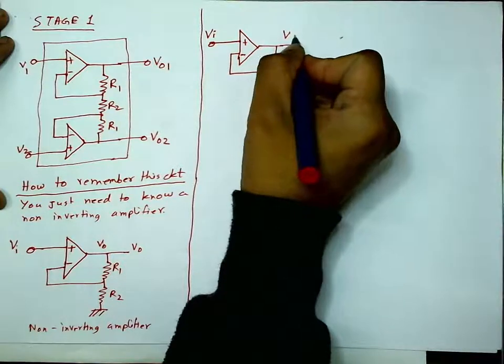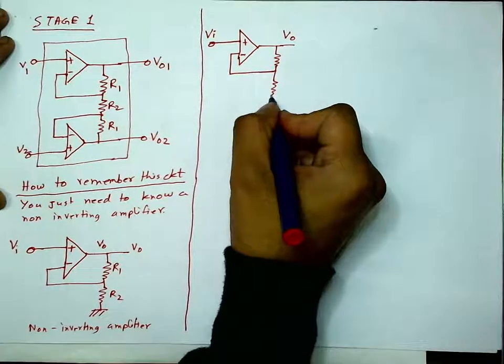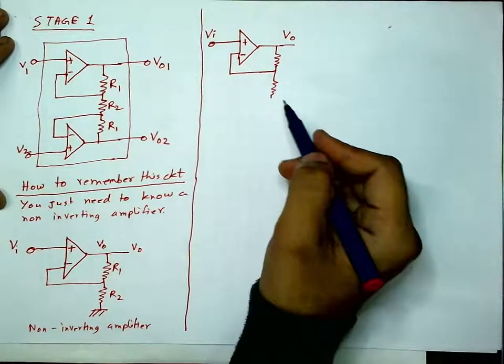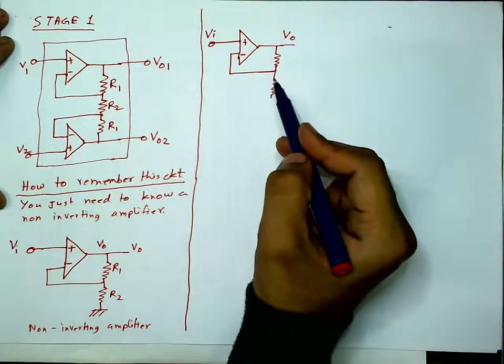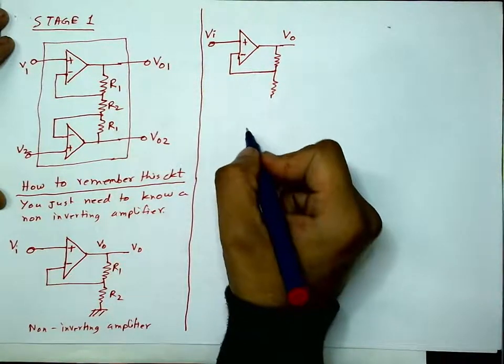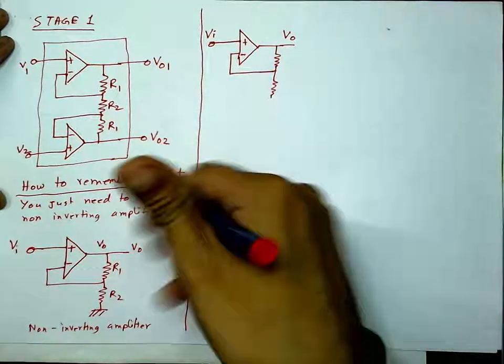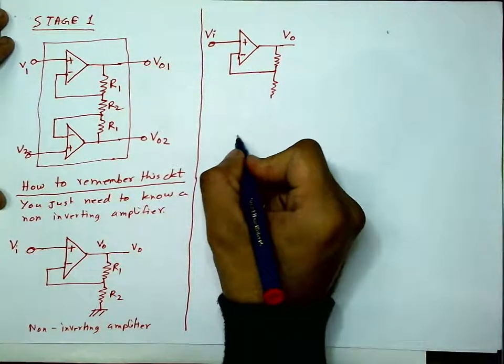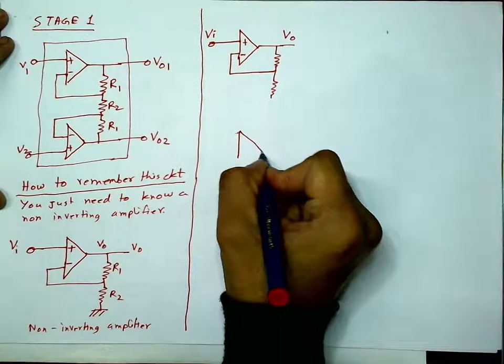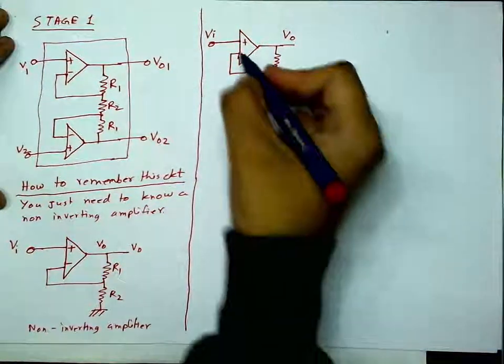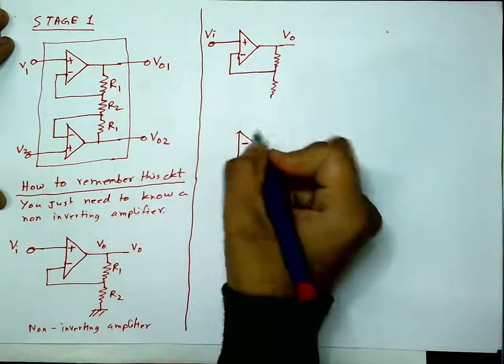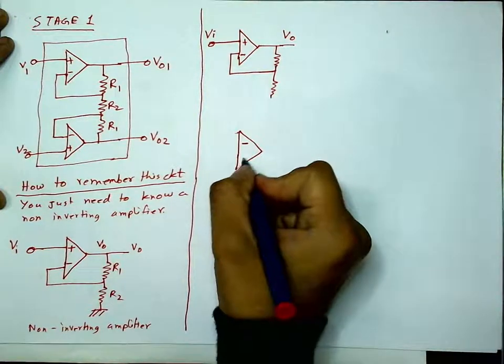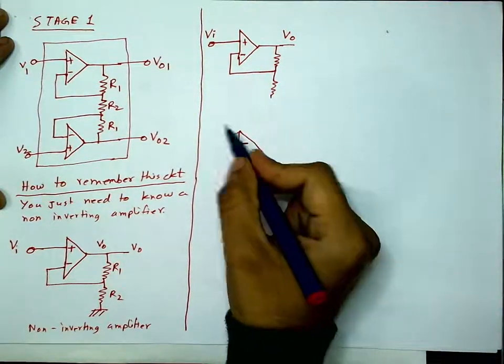This is the output, call it VO. Now draw another non-inverting amplifier in an opposite, inverted direction. So draw that with the minus terminal above and plus terminal below, like this.